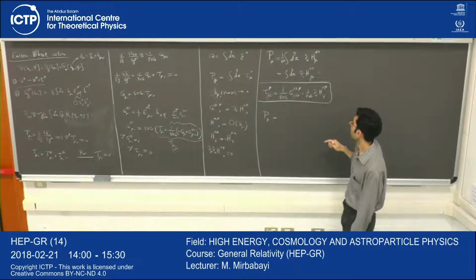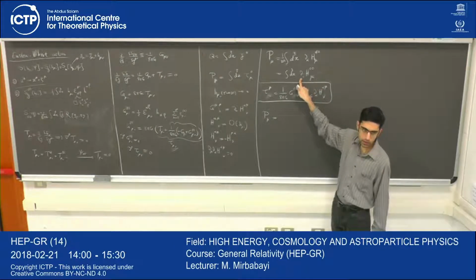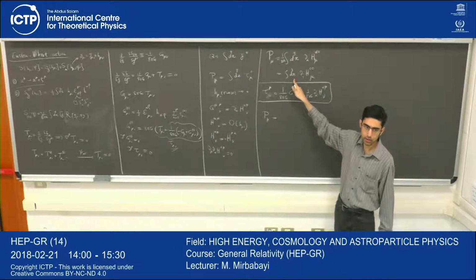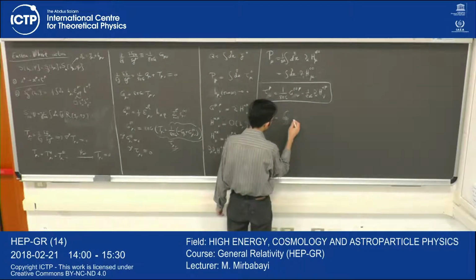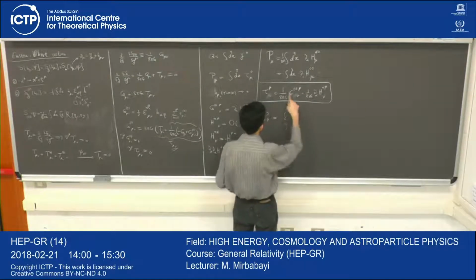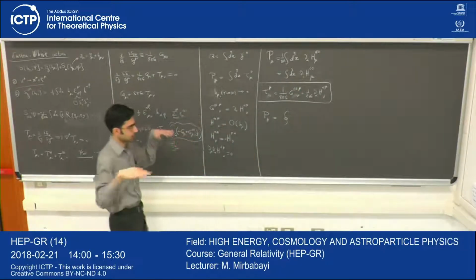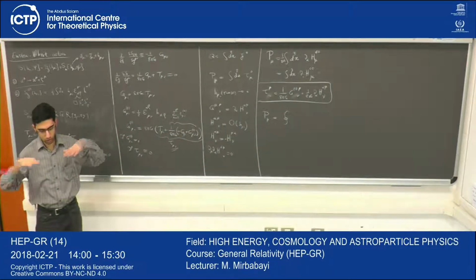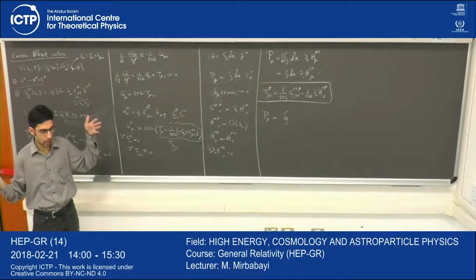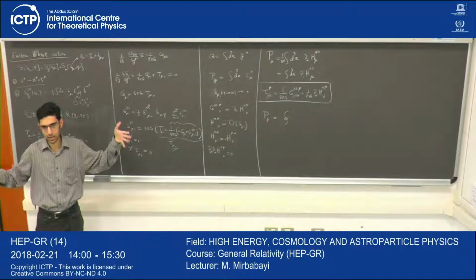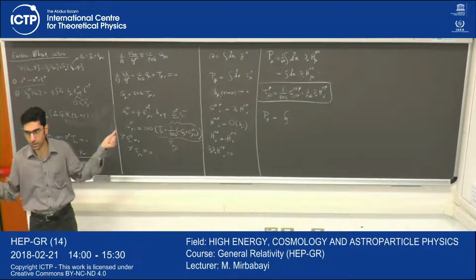Now, since it is a divergence, I can reduce this to a boundary term. So this becomes an integral over the boundary. Now, this d3x is supposed to be a full spatial hypersurface. But let's cut it off at some large radius and then send the radius to infinity.